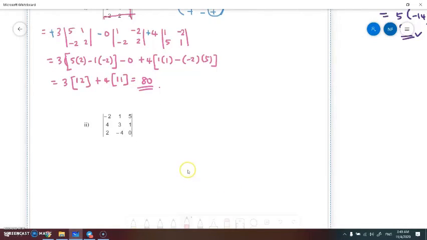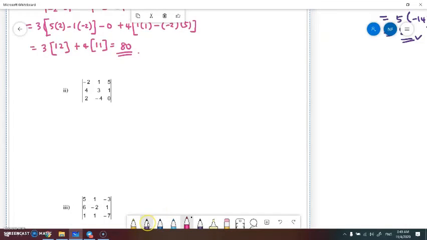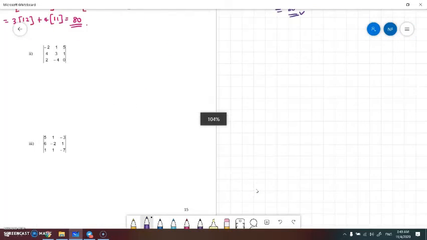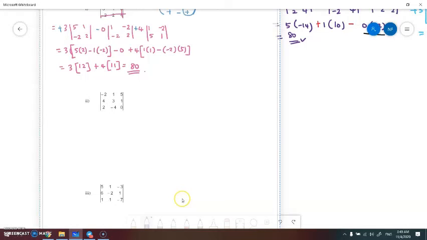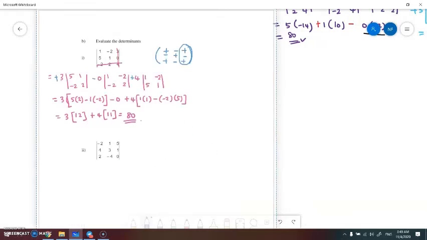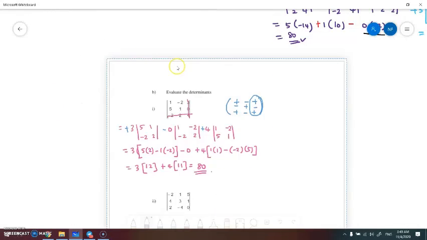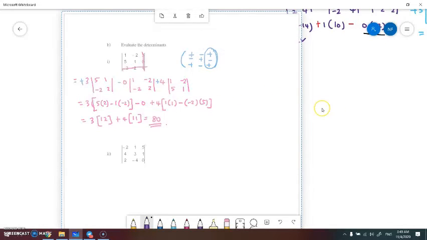For example number 2, determine which row or which column you want to use. Let's say for this example, because there is a 0 in the first and third column and the third row. Just now we used the third column, right?